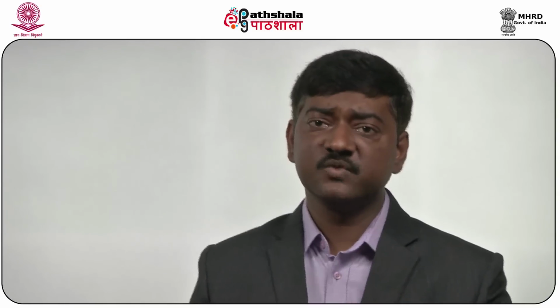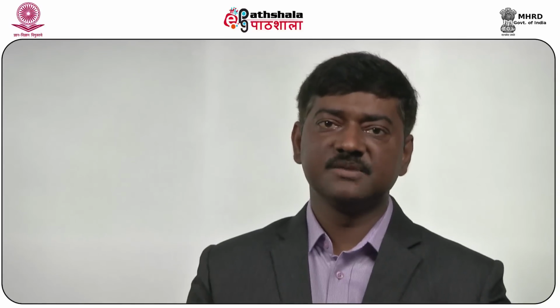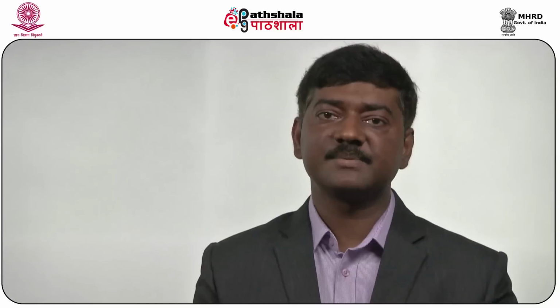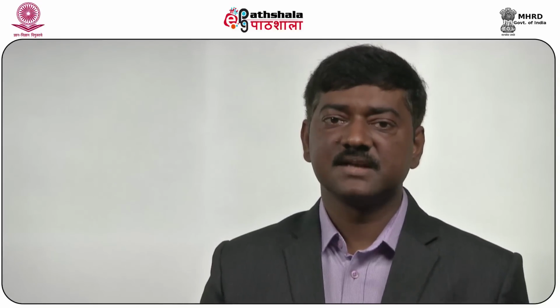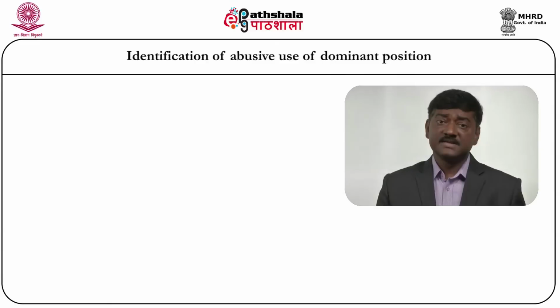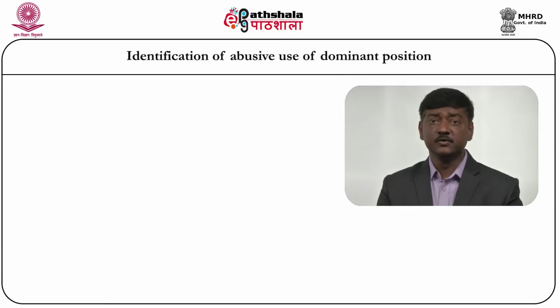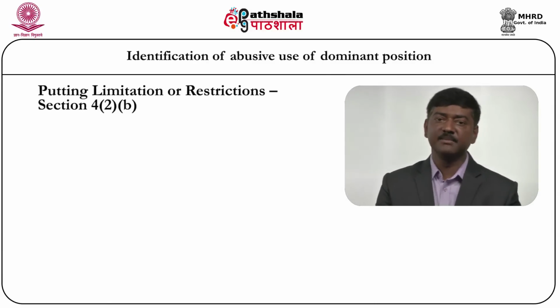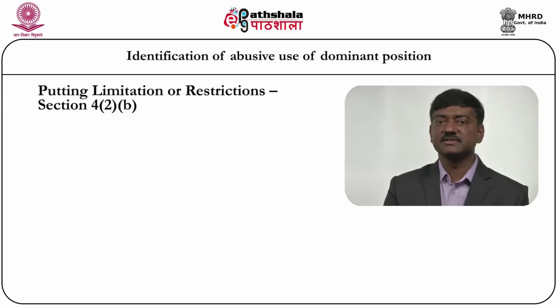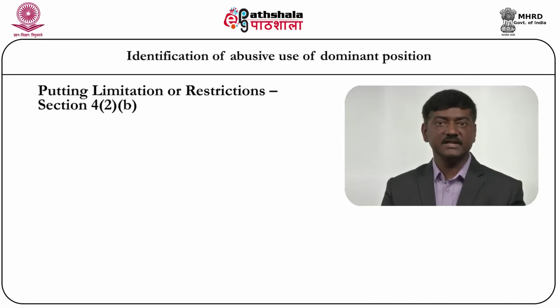In case of margin squeeze, as I said, it is about your upstream and downstream player and discriminating between the upstream and downstream player. So that is how margin squeeze comes up. The second class of abuse, which is mentioned in section 4 of the Act, is about putting limitations or restrictions. Now this is done by the dominant enterprise, because it operates independent of the competitive forces.